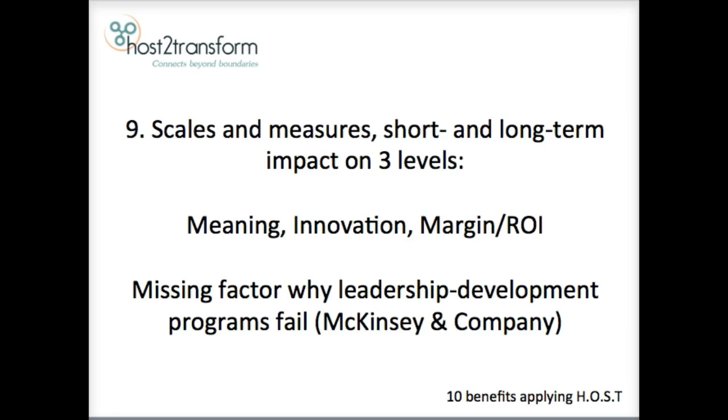So yeah, and again, it's proven by McKinsey and Company that the missing factor of leadership is actually impact measurement. So instead of only talking about how we scale impact, we also have to measure it. And of course, quality data is not always easy to measure as hard facts like sales, revenue streams, etc. But we do measure that.